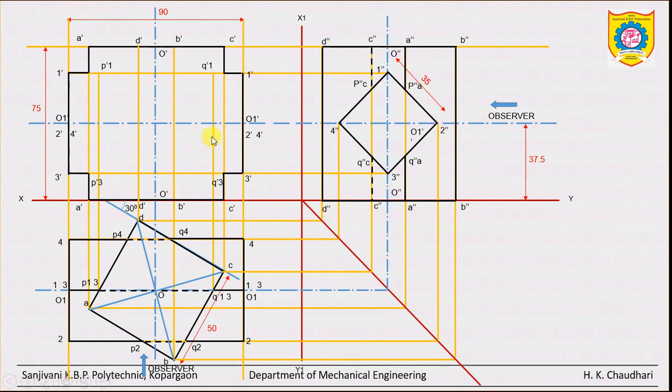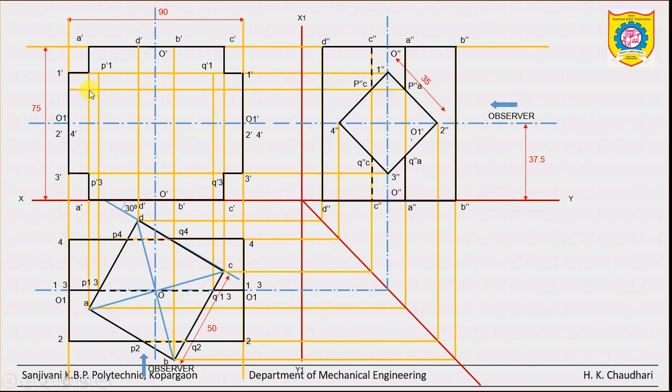Now the remaining points in the front view. Okay, so first of all just locate the points. How? By taking the projection from P double dash A. So observe this projection and the edge number A, this vertical edge.